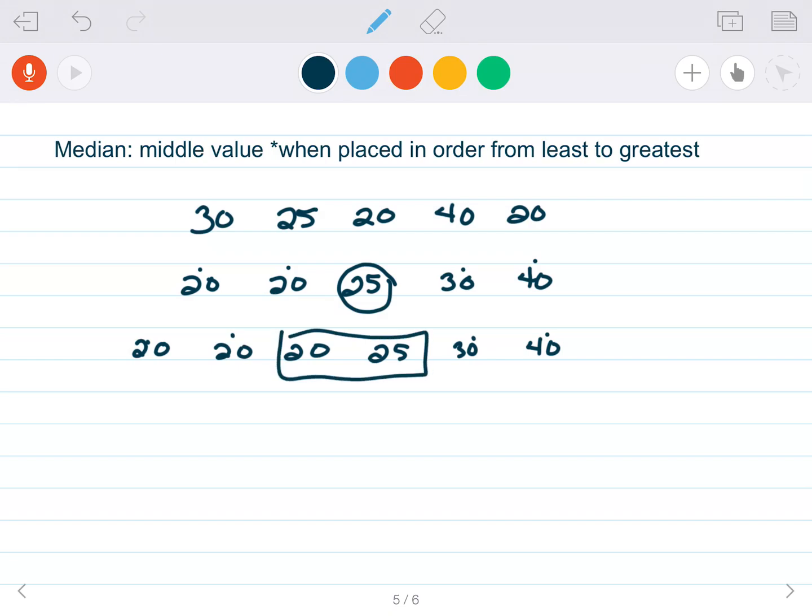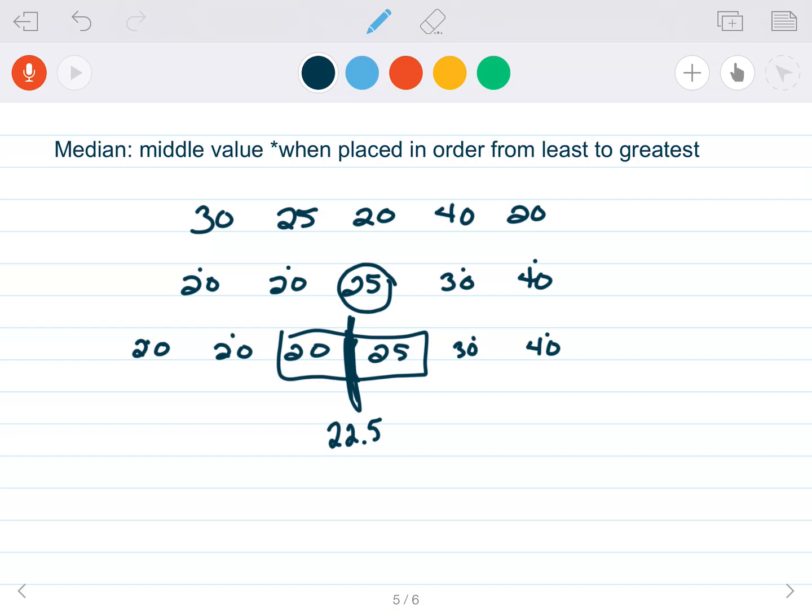Now we're stuck between 20 and 25. So we want to figure out essentially what's the middle of those two numbers. Well, to find that, you would add 20 plus 25, you're going to get 45, right? Divide that by 2, you're going to get the midway point here, which is 22.5, right? That would be exactly halfway between 20 and 25.